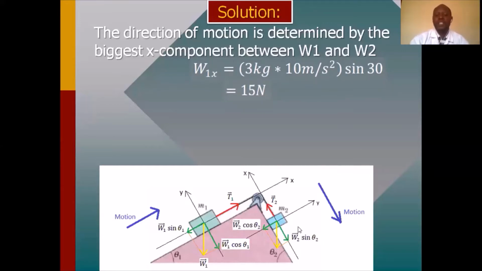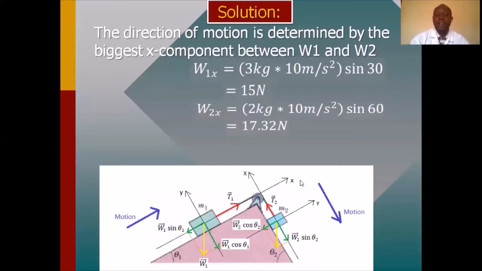So let's calculate the second component, weight 2x. Weight 2x is equal to 2 kilogram times acceleration due to gravity times sine of 60 degree. It is equivalent to 17.32 Newton. So you see that weight 2x is greater than weight 1x.